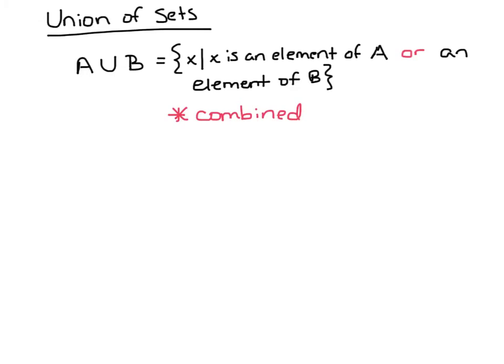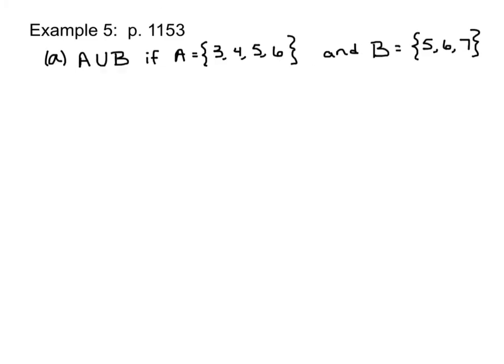You're combining them together. So example 5A is asking us to find the union of A and B if A is the set of numbers 3, 4, 5, and 6, and B is the set of numbers 5, 6, and 7. So remember, the union means if it's in A or B, it counts in the union.